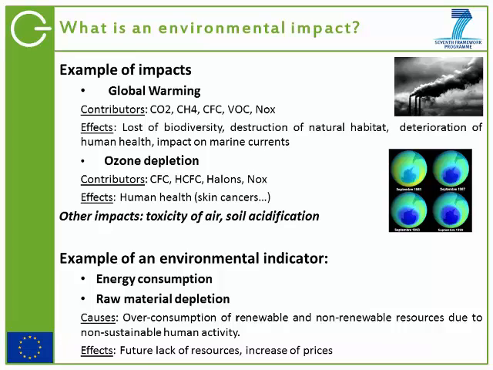For example, raw material depletion reflects the overconsumption of non-renewable and renewable resources to some extent. The effect of such depletion is to reduce the ability of future generations to access those resources.